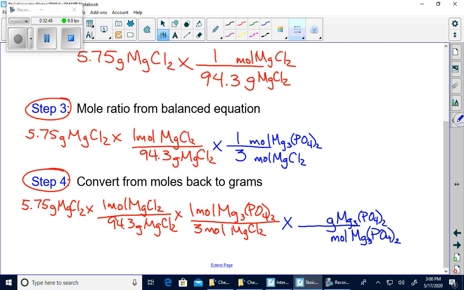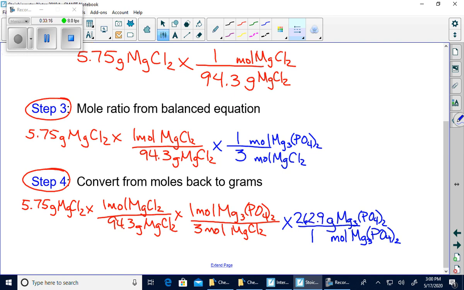Okay, it's molar mass, so that gets a 1. Let me do this very quickly. So I get 262.9 here.